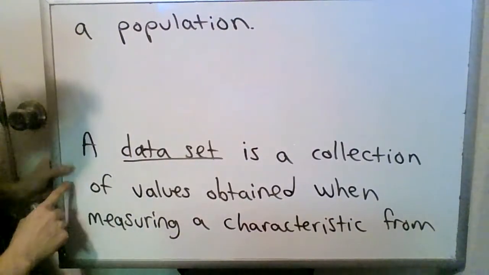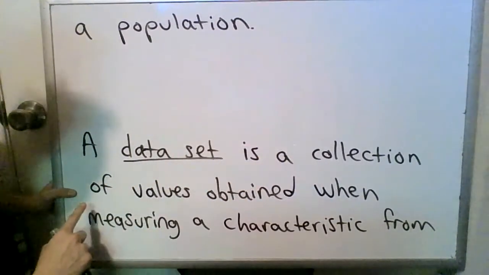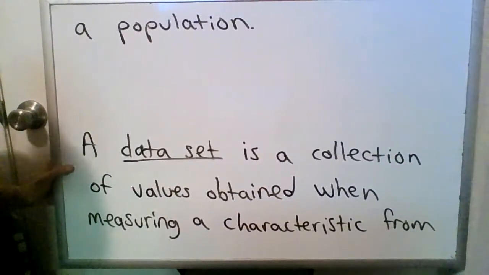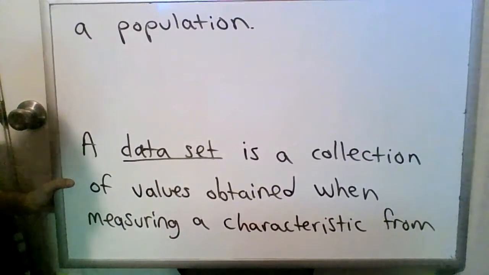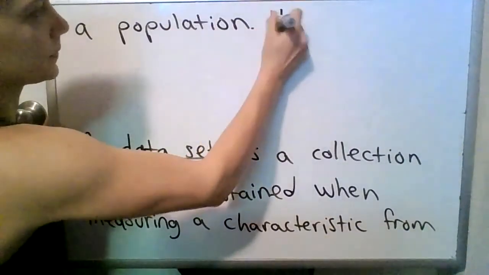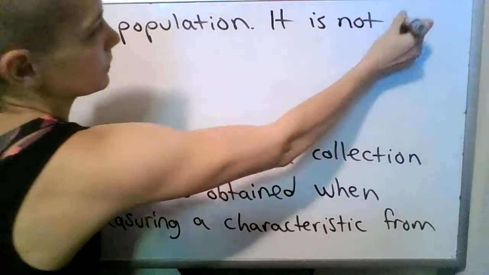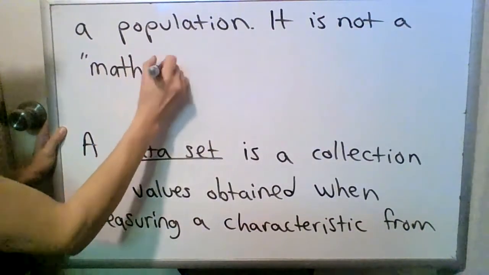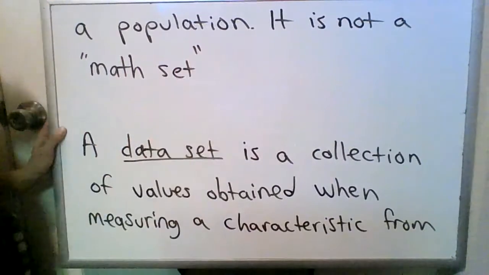So you find all of the values, all of the numbers that represent the characteristic of the population. So it's not a mathematical set, because repeated numbers are included.